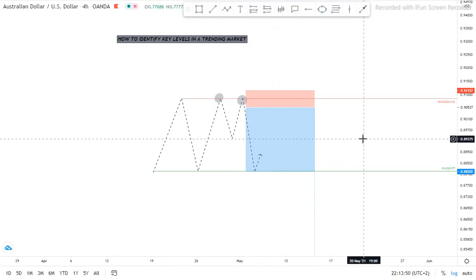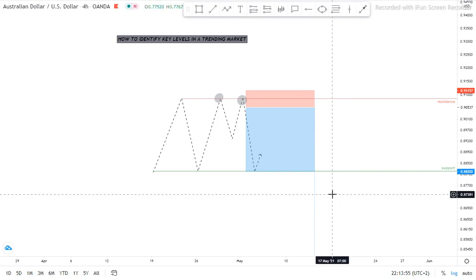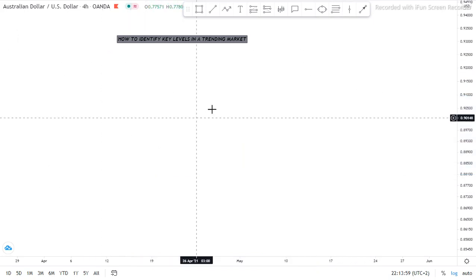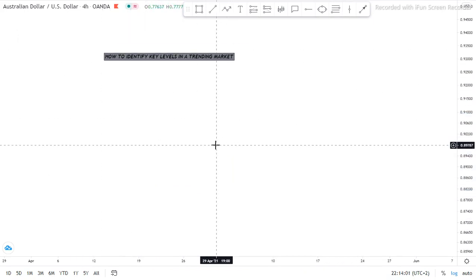But as I said, guys, I don't necessarily like trading ranging markets. They don't give high probability trades as compared to when you are trading a trending market. When the market is going up, it's easier to trade. The market is moving up, so you're looking for buys.